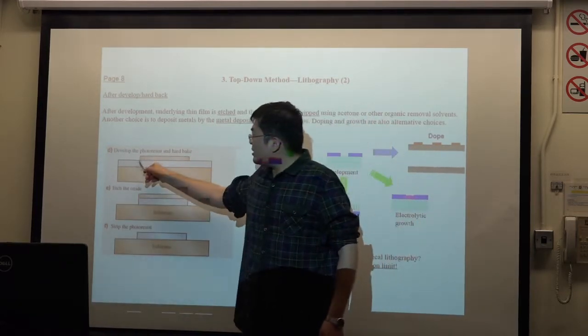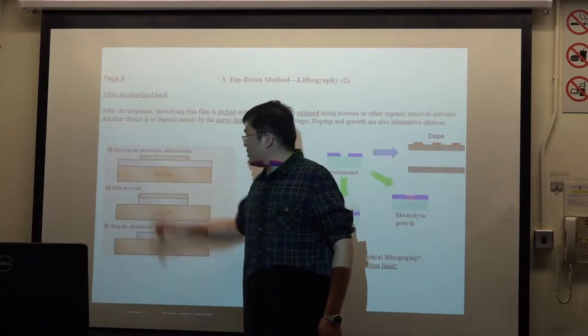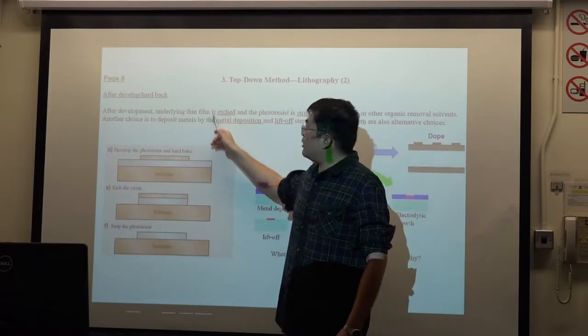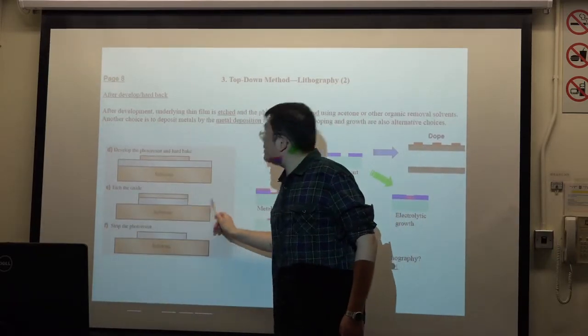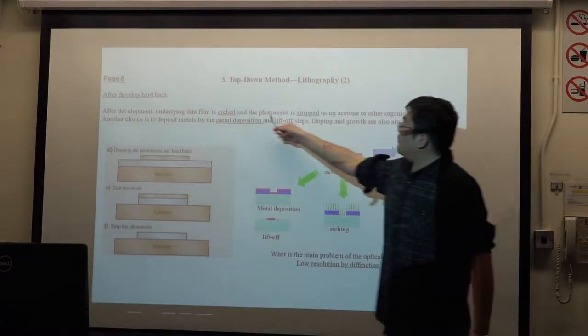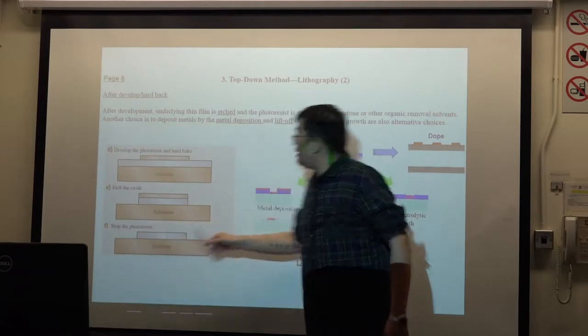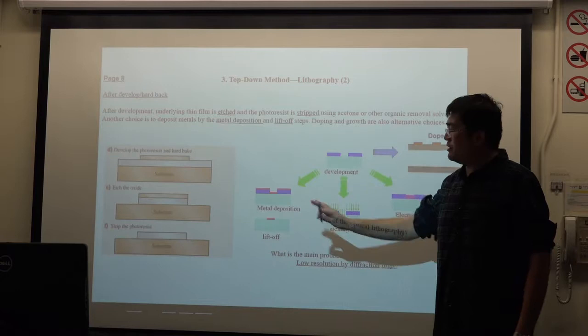They only etch the oxide region, not the mask. I will talk about how to etch later. They remove this part, called etch. Then we can remove the photoresist in some organic solvent. That's finished.